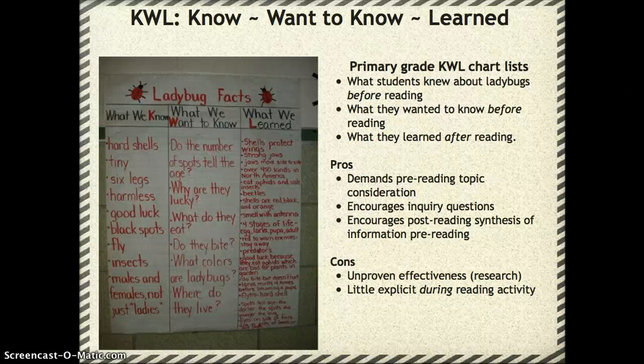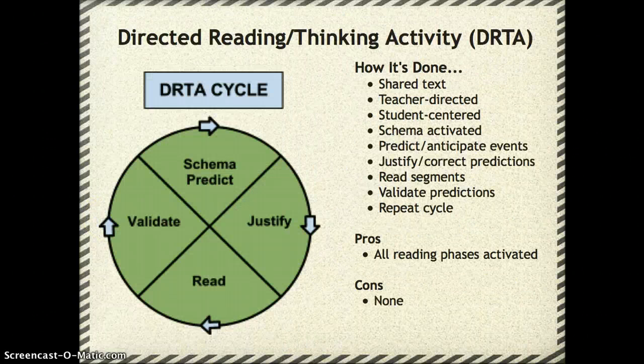The pros are that it does demand consideration of the pre-reading phase, and encourages inquiry, and it also encourages kids to talk about what they learned. The cons are that it's unproven, which was concluded in Doherty-Saul's article, and that there is little explicit during reading activity.